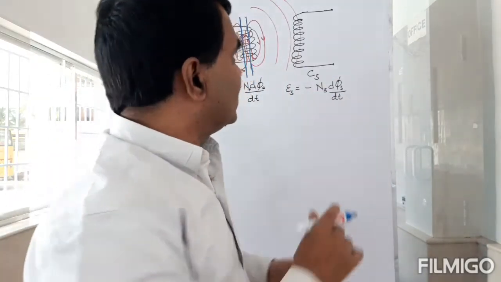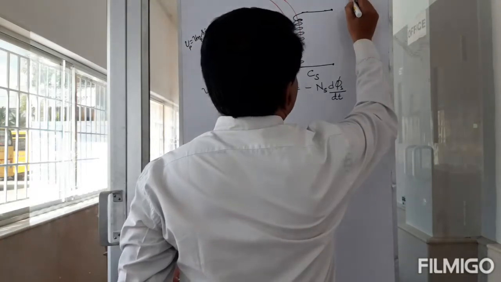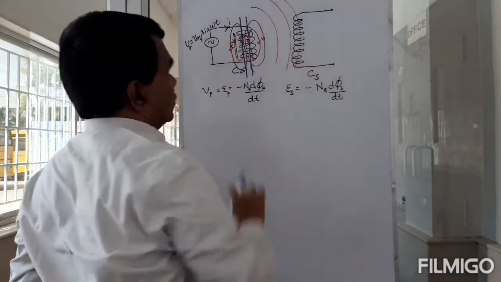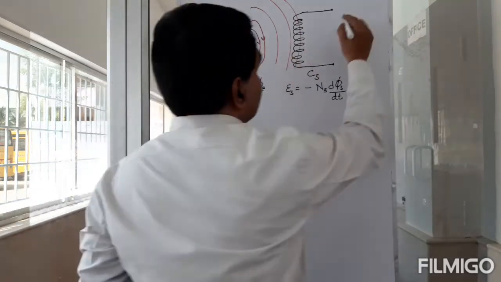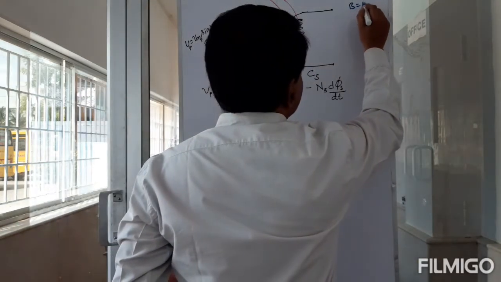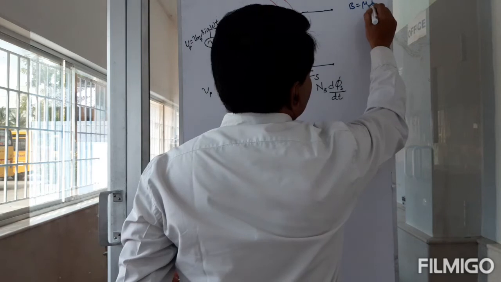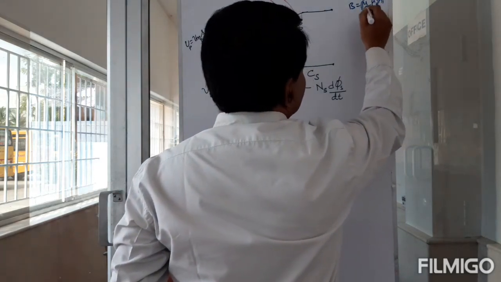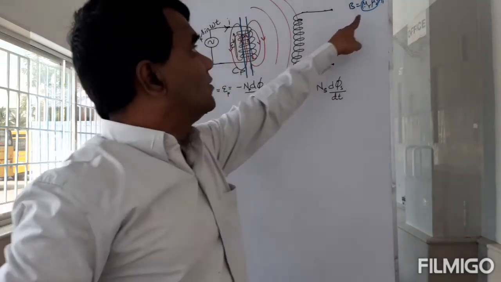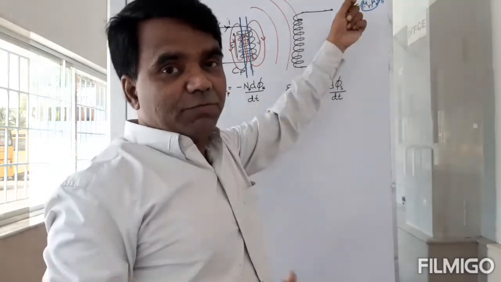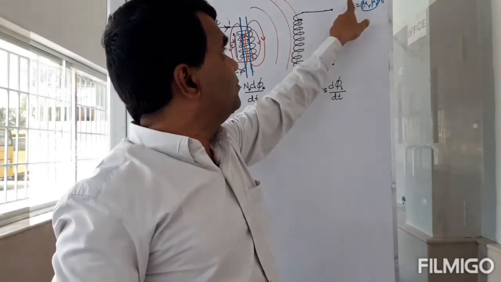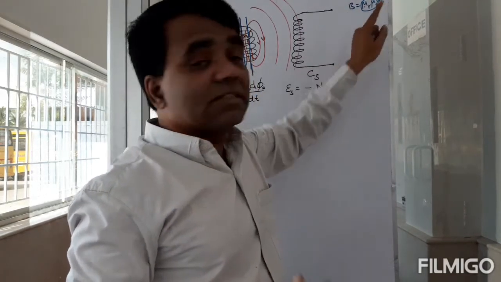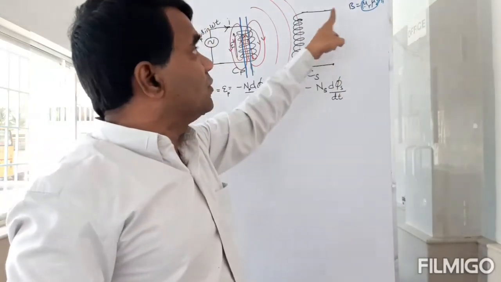B is equal to mu naught Ni if there is no core. But if we keep a core, then the same B becomes mu r mu naught Ni. So if mu r is 1000, then for the same current, the magnetic field is increased 1000 times.